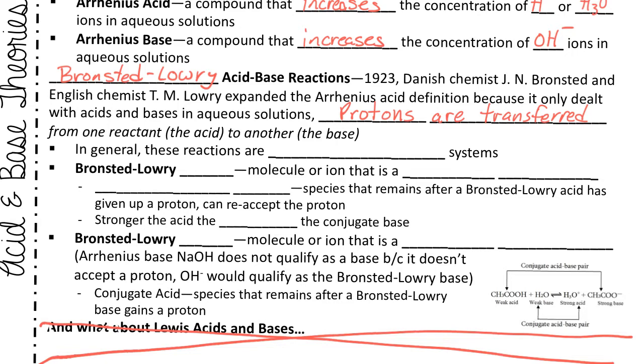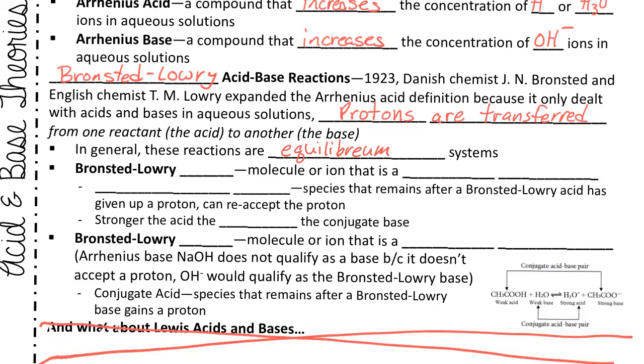Notice that they're not mentioning any particular type of ion, where Arrhenius mentioned just hydrogen and the hydroxide or OH negative ions. For Bronsted and Lowry, they really just focused on whether protons are transferred or accepted. So in general, these reactions are what we call an equilibrium system. These acids and bases are trying to balance out.